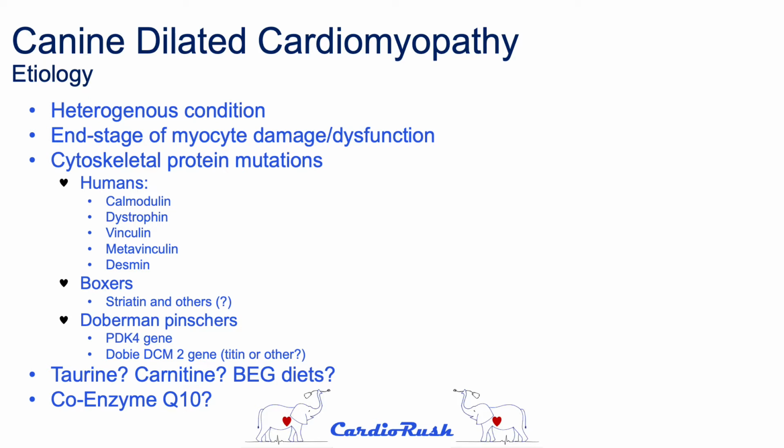And in boxers, there's some work to suggest that striatin may be associated with dilated cardiomyopathy. And there are at least two genes in Doberman pinschers that can be associated with the development of dilated cardiomyopathy. The role for taurine deficiency has been documented in certain settings, and whether carnitine or other diets may play a role is a little unclear.